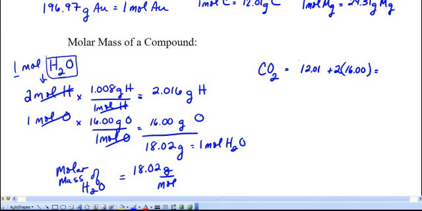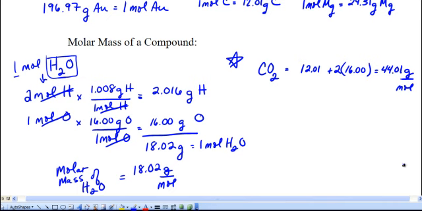And if you add those up, 12.01 plus 2 times the 16, you get 44.01 grams per mole as the molar mass of carbon dioxide. This is the way we typically solve it. But the reason why you can do it that way is because all of the units will in fact cancel out.